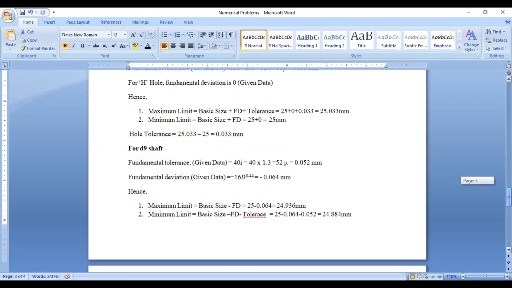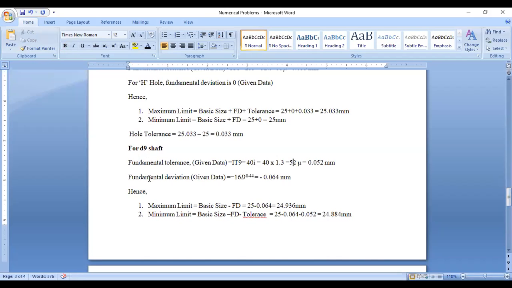So here, again I will first calculate the fundamental tolerance and the fundamental deviation for the shaft, which means D9. For D9 you have to refer IT9, which is given in your problem statement, which will be 40i, and you will get the answer as 52 microns, and you have to convert it into mm, that is 0.052 mm.